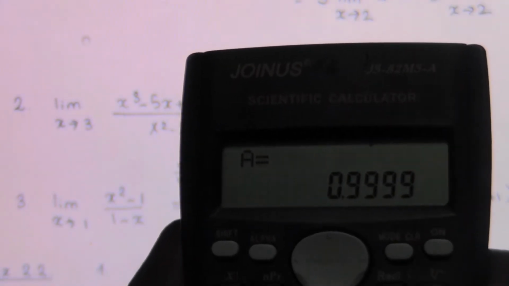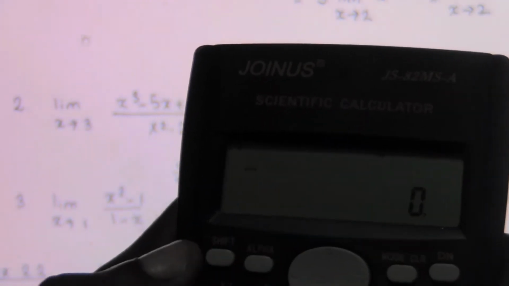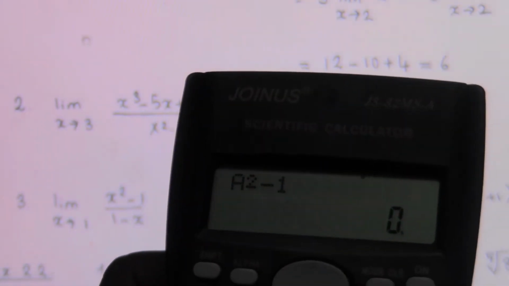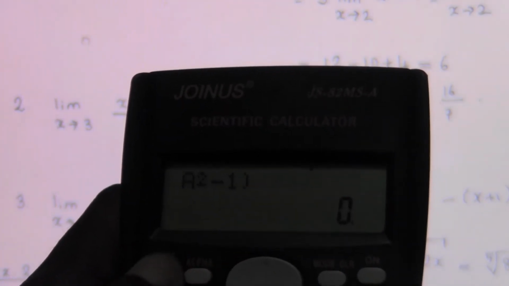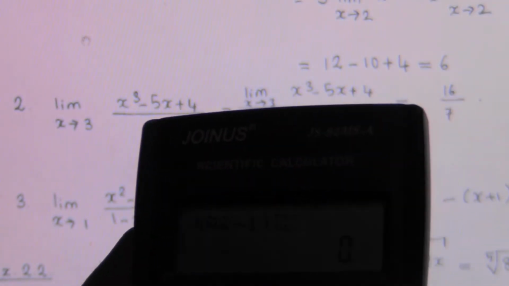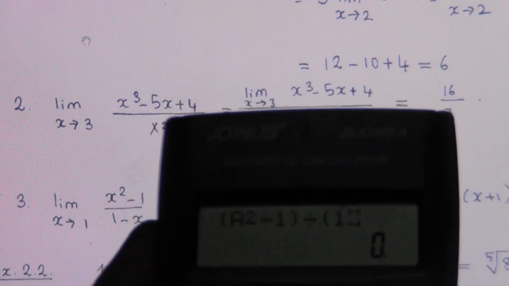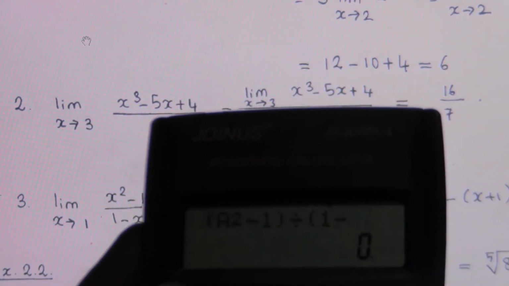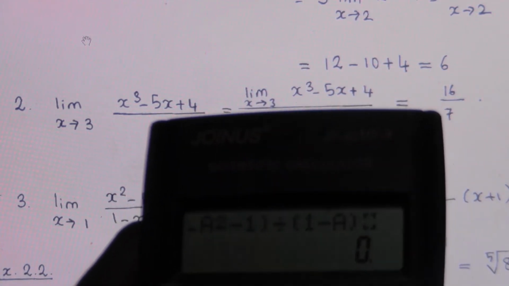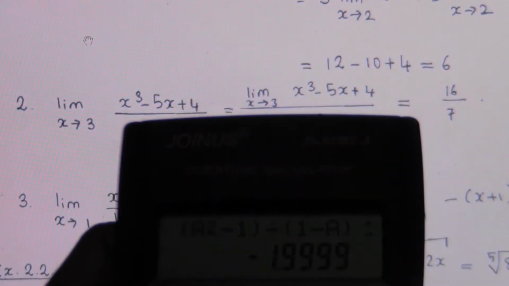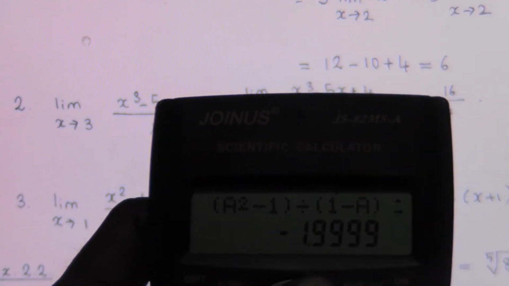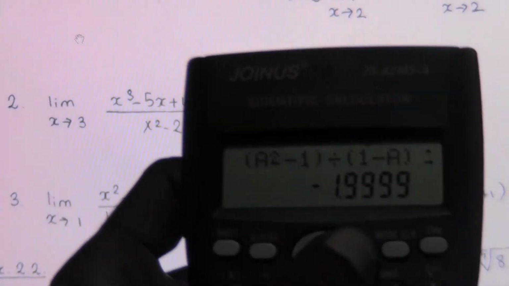A squared minus 1, in brackets. We must put the brackets. A squared minus 1 divided by 1 minus A, close bracket. You see we got 1.9999 in magnitude, so this could be approaching 2. We'd want to do more values to see it clearly approaching 2, but this is just a rough check.